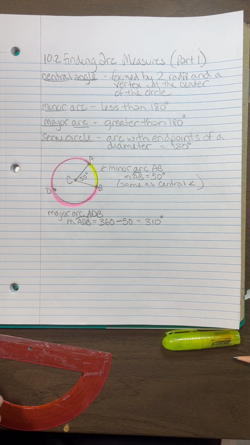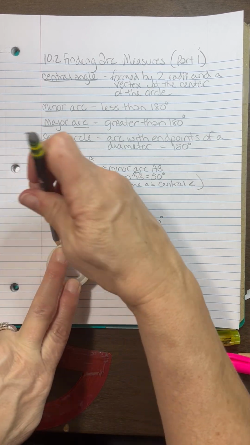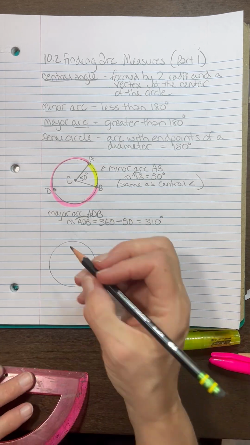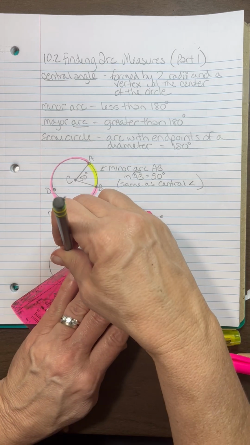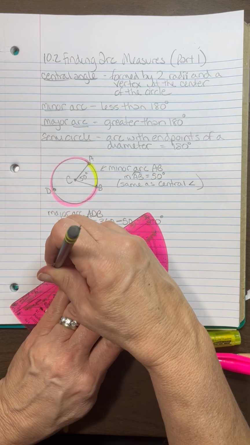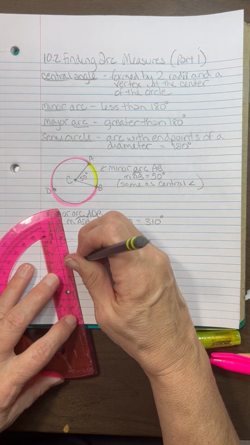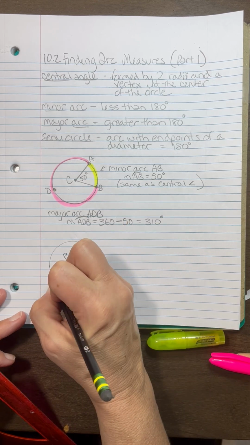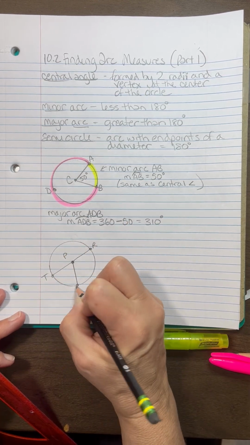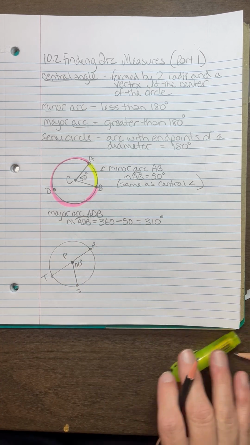Okay, all right, let's just look at an example. Just kind of name the parts. So we got a circle P. We have this is going to be R, T, S, and 110 degrees. All right, so what can we say?